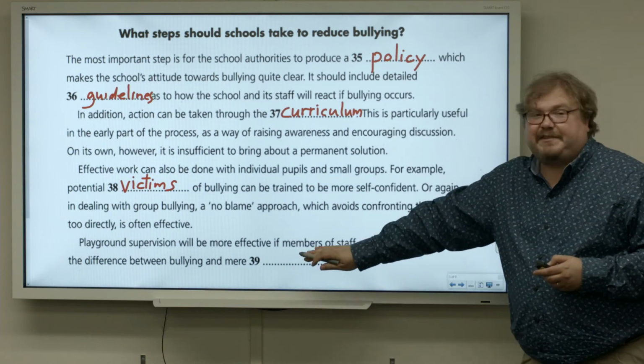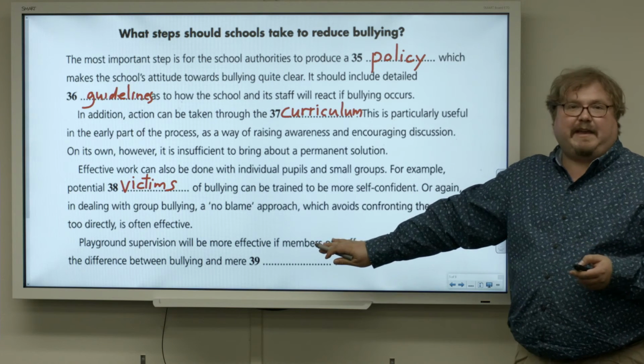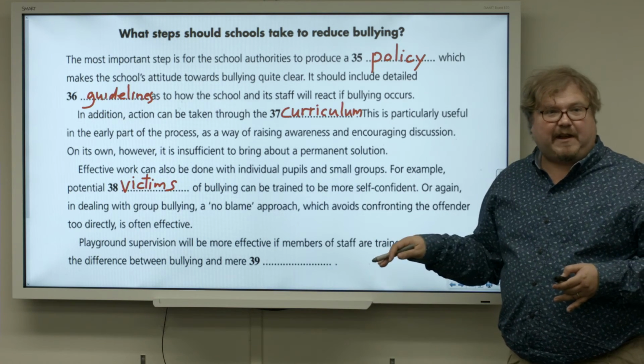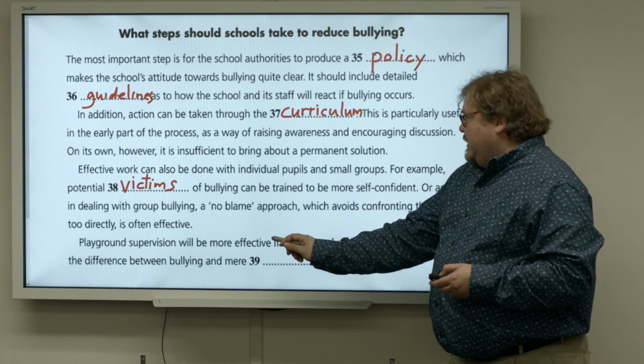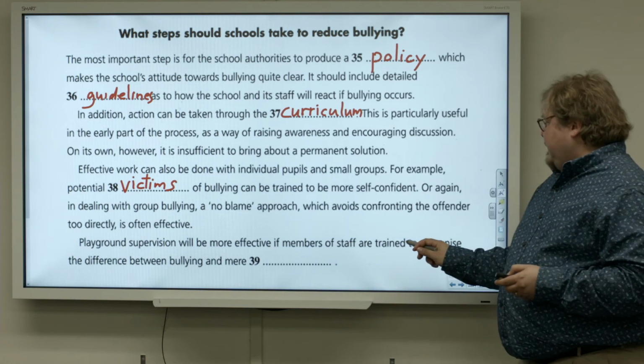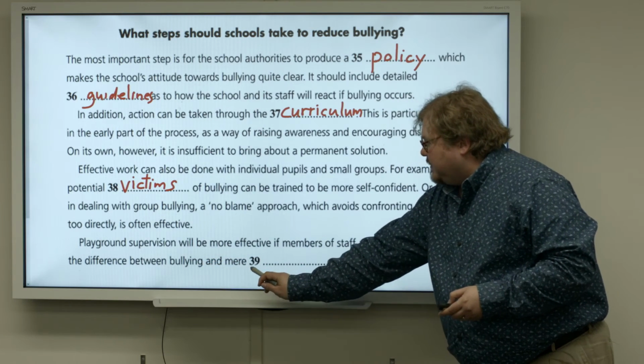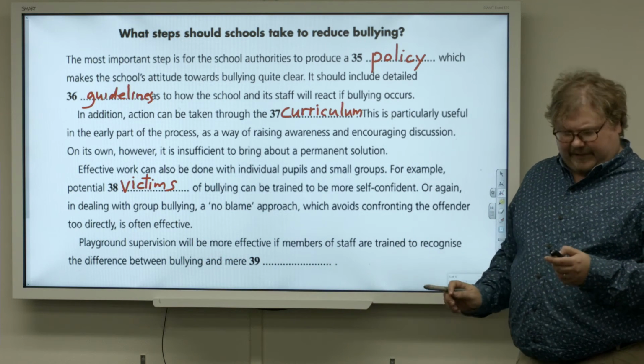And we can skip down to the last one, and we can guess it's a new paragraph. It's probably a new paragraph in the text. Playground supervision will be more effective if members of staff are trained to recognize the difference between bullying and mere blank.